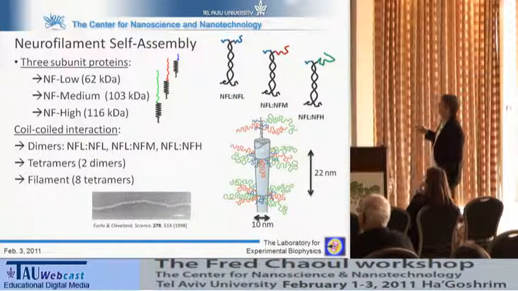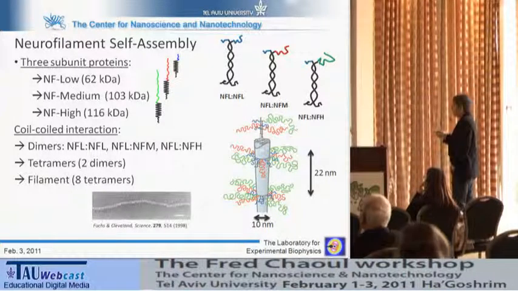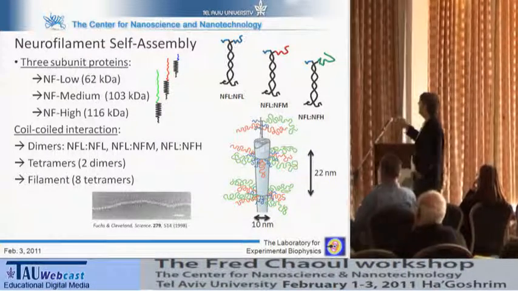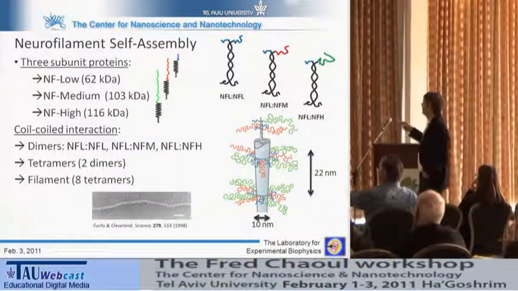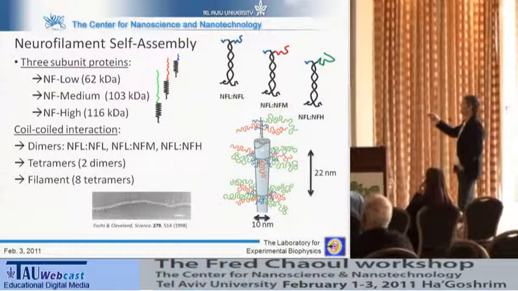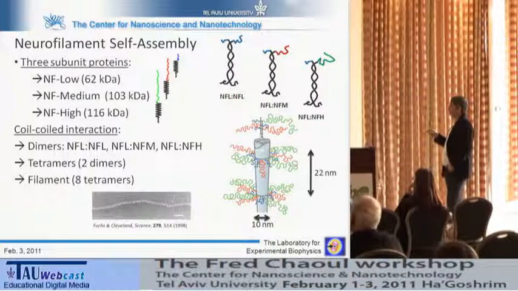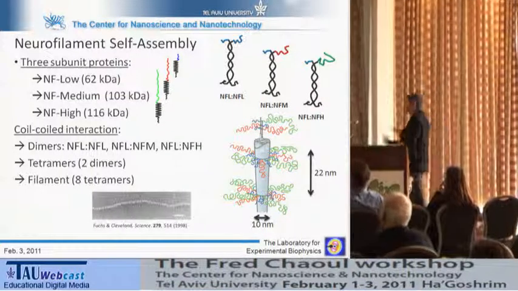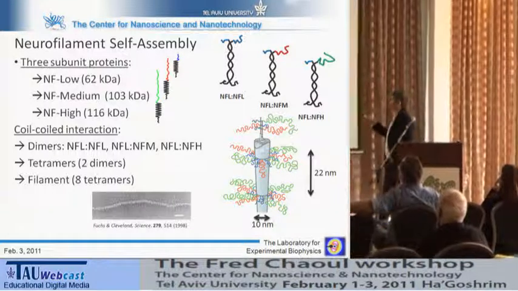Here we have some kind of a matching: the shortest one, neurofilament low, must be with either itself, like a homodimer, or with one of the longer ones, so low with medium or low with high. And after you have a dimer, 2 dimers will again coil into one another to form a tetramer.